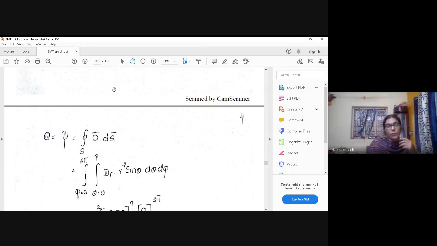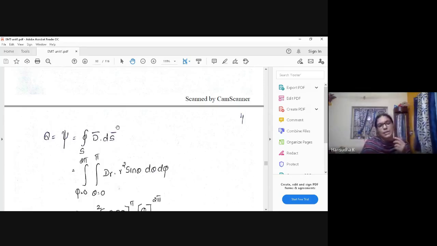Earlier we have done with the volume. We know that Q is equal to integral S D dot dS, which is equal to integral V rho V dV. So first derivation we have done for volume, rho V dV. The second one, the same Gauss law, we also have D dot dS equation.